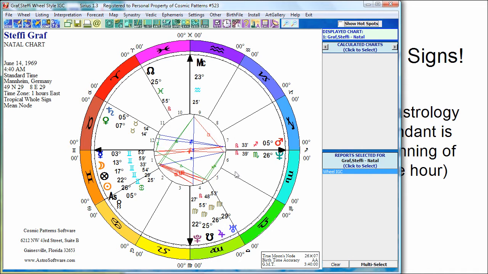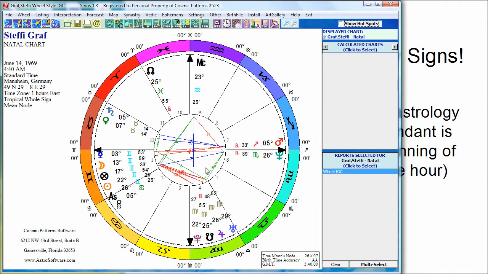So, when you first learn about these ideas, you might think, oh, this is crazy. You can't count houses from any point, but really, the real house system is where the ascendant is. That's not true in whole sign houses. You can just count from any point. The reason why the ascendant is so important is because the ascendant is the point that's rising.